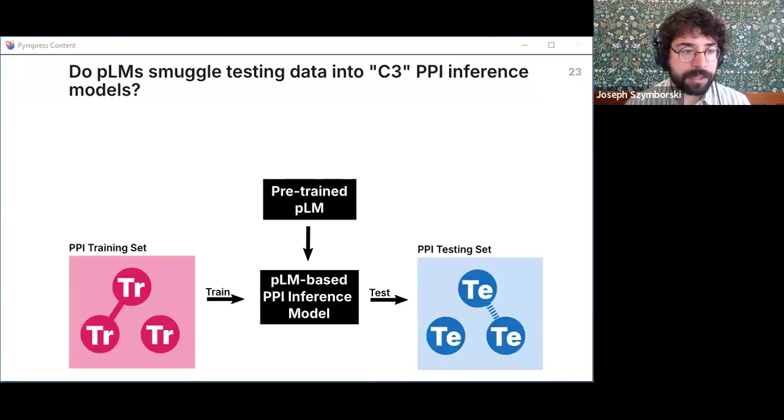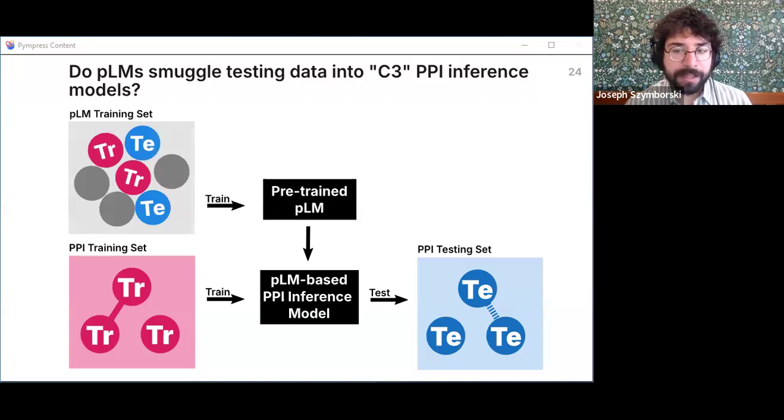First of all, we train the PPI inference model downstream of the pre-trained pLM, and we do this on a C3 data set. We make sure that the data set is robust: that there are no training proteins in the testing set and no testing proteins in the training set, and that way we minimize the amount of data leakage.